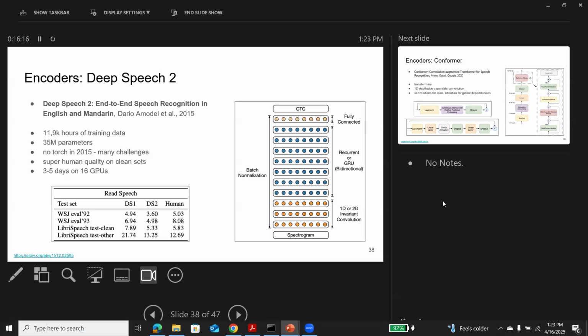Yeah, you can see that the word error rate on the clean data set was pretty reasonable. But still it didn't beat the human performance on the other parts.